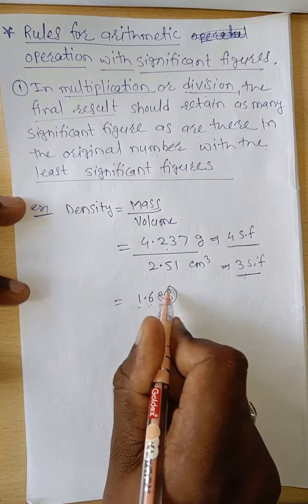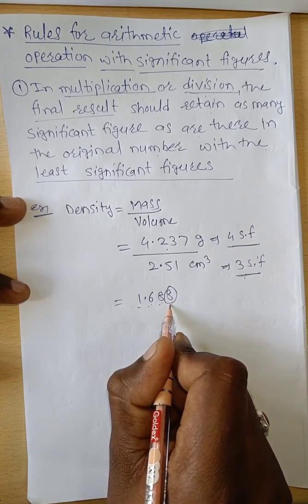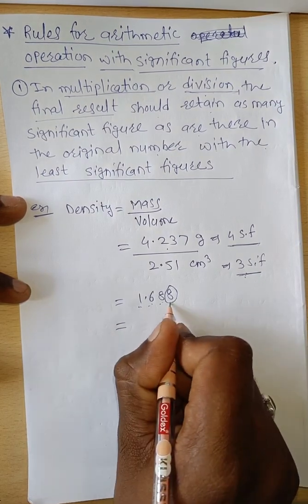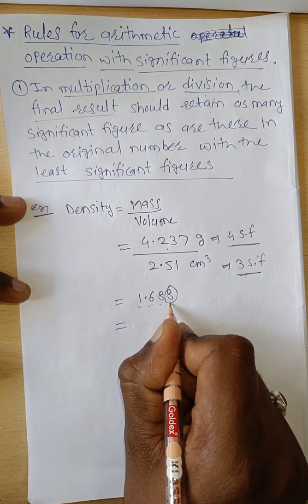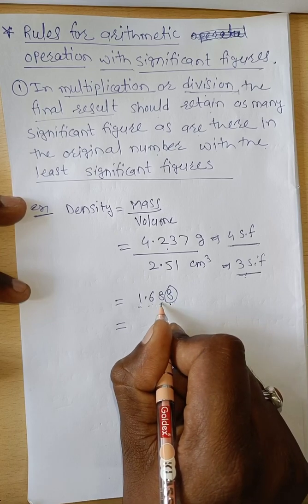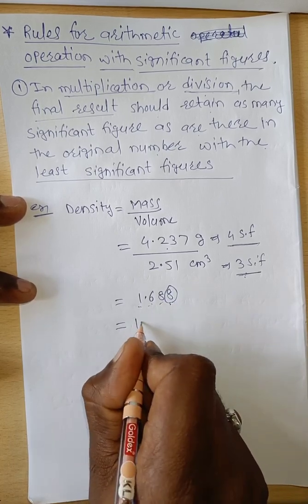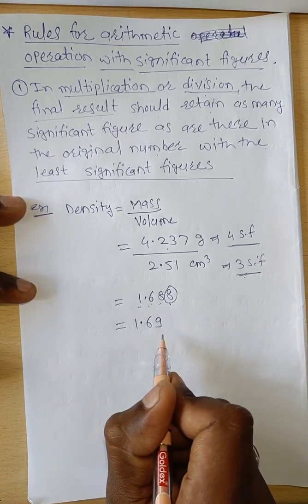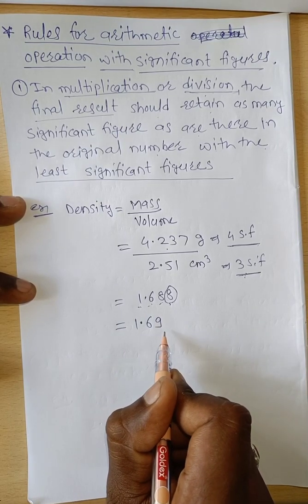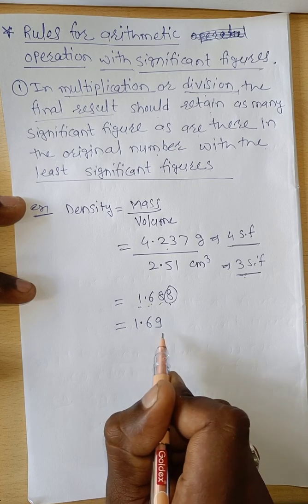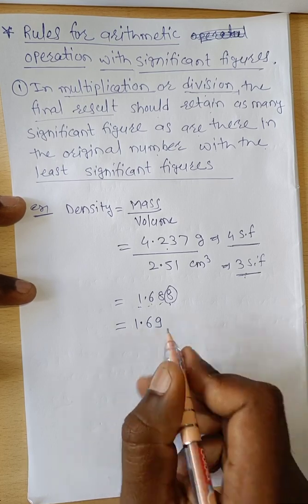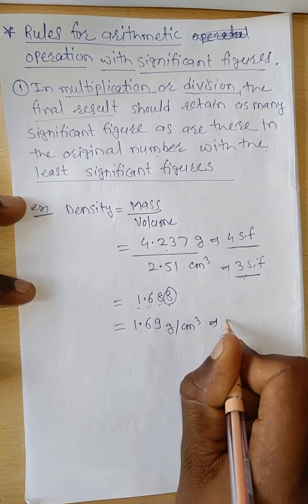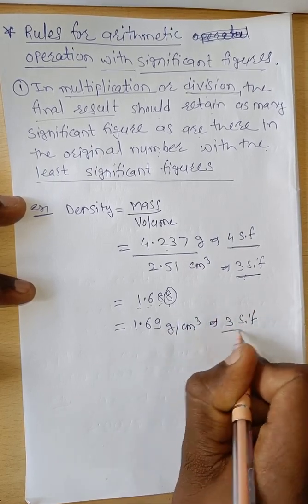The last digit is 8. If the last digit is more than 5, then the previous digit is increased by 1. Therefore our answer is 1.69. Now see, 1.69 has 3 significant figures. Therefore this is our correct answer: 1.69 grams per cubic centimeter.